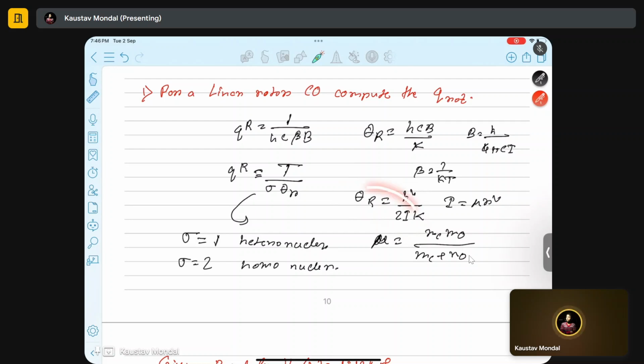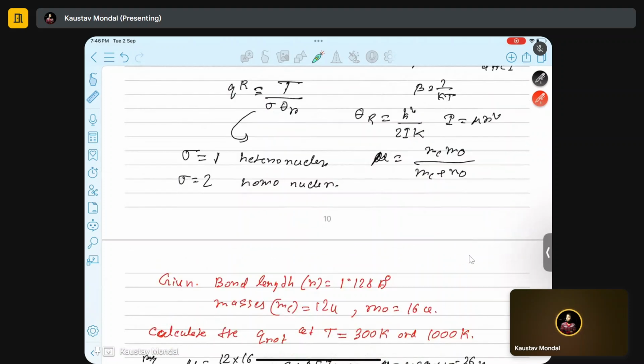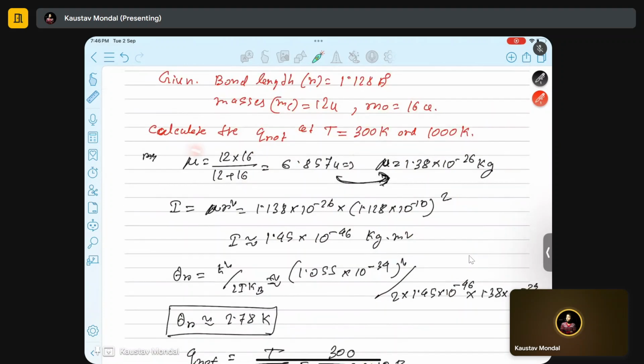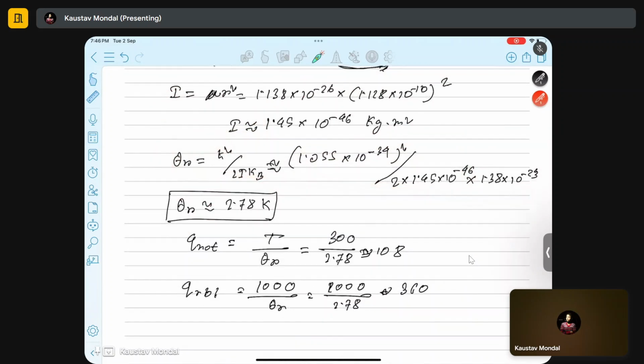After calculating theta r, we only need T, that is also supplied, and for heteronuclear we are taking sigma equal to 1. We have calculated the mu, the reduced mass, and from there we calculated I, the moment of inertia, and from there the rotational temperature, which is about 2.78 Kelvin.